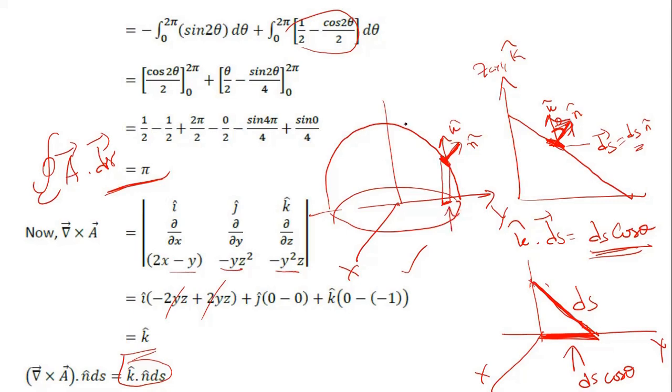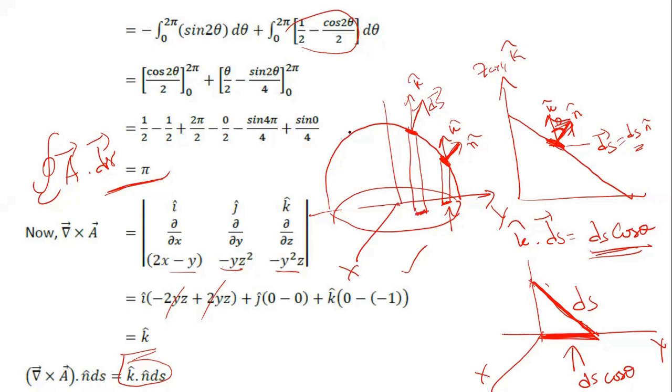Okay, and if you have another ds here, so what we are doing is dividing this spherical surface into a number of infinitesimally small area elements. So each of these area elements will be having a dot product with your k cap. When each of these area elements is having a dot product with your k cap, this will simply give us a projection of this area element on the xy plane.